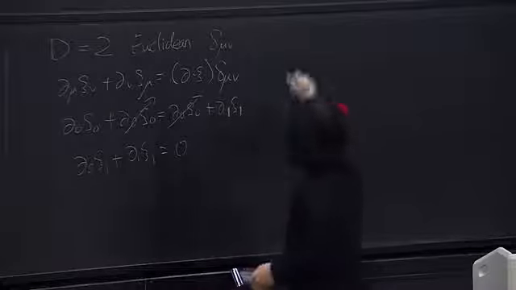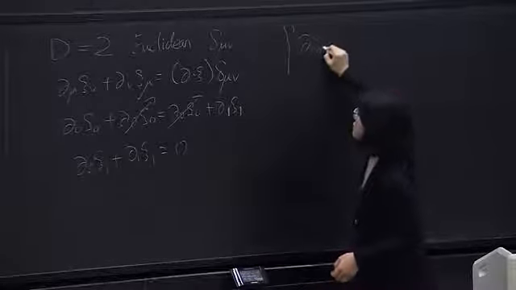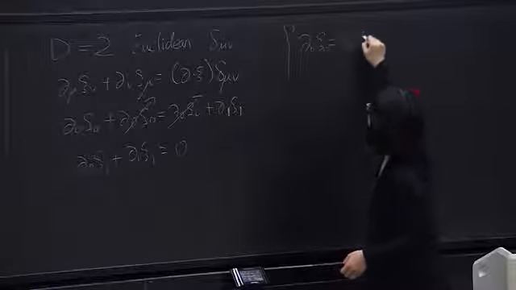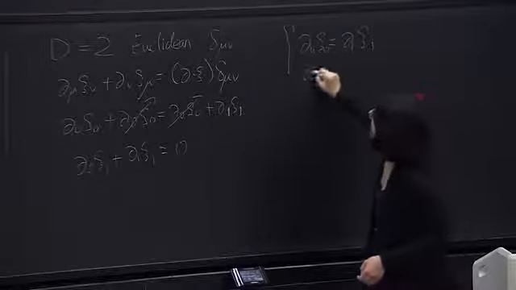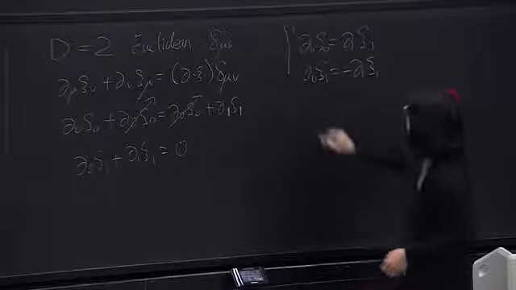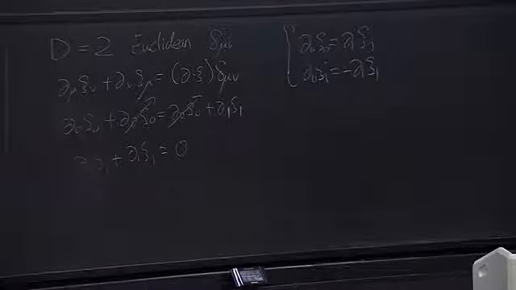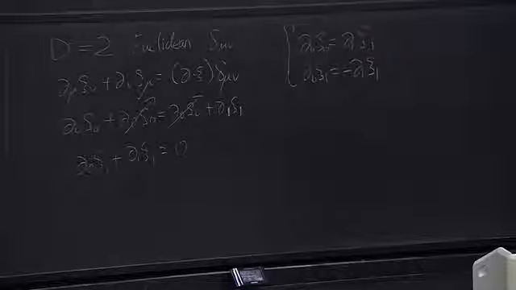So if I summarize it, it tells me partial 0 epsilon 0 equals partial 1 epsilon 1, and partial 0 epsilon 1 equals minus partial 1 epsilon 0. So those are the 2 equations we need to solve. If we solve them, we claim we understand all the conformal transformations, at least in the infinitesimal sense.